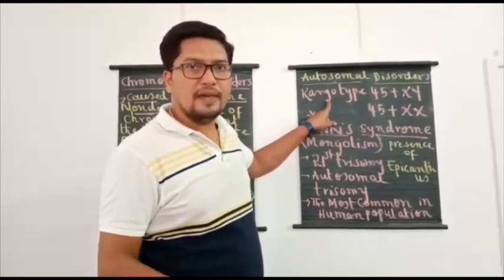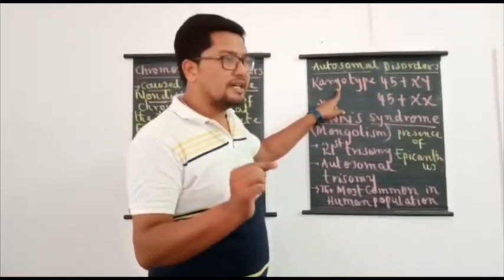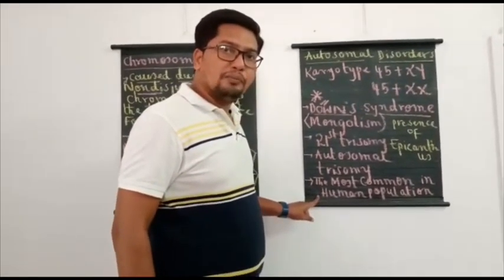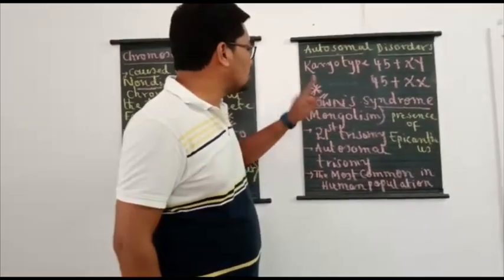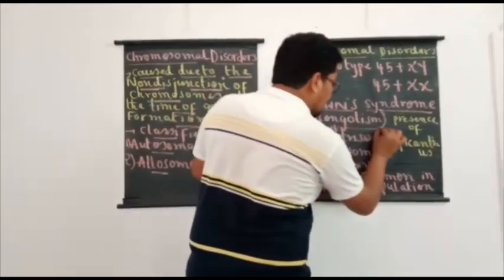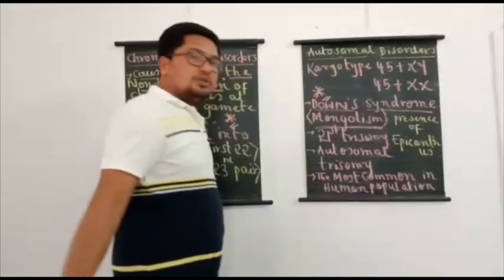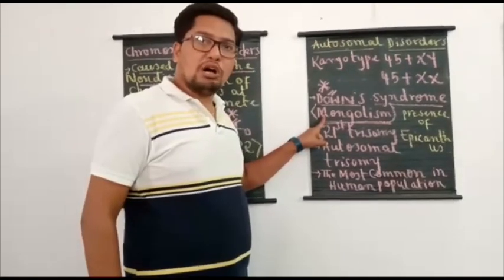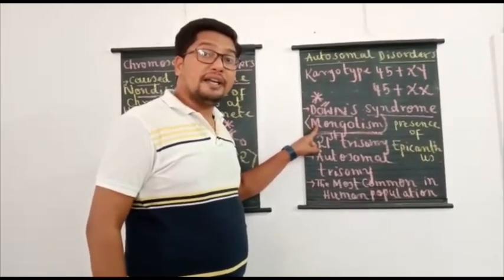So that's why it is the most common chromosomal disorder observed in the human population. Down syndrome has another name: Mongolism, or otherwise called mongoloid idiocy.